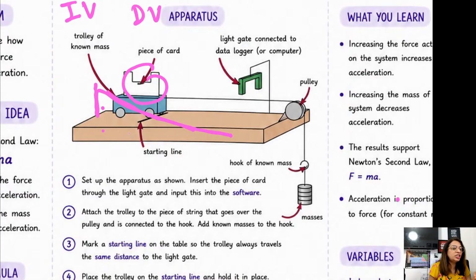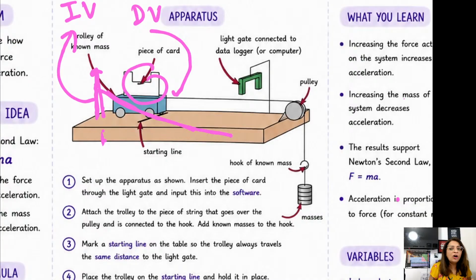Because I'm changing, the investigation is to investigate the acceleration of the trolley at different heights of the ramp. Very good, Grace. Now you got it. So the height of the ramp is going to be your independent variable because that is what you are changing. And dependent is what you measure, which is acceleration.